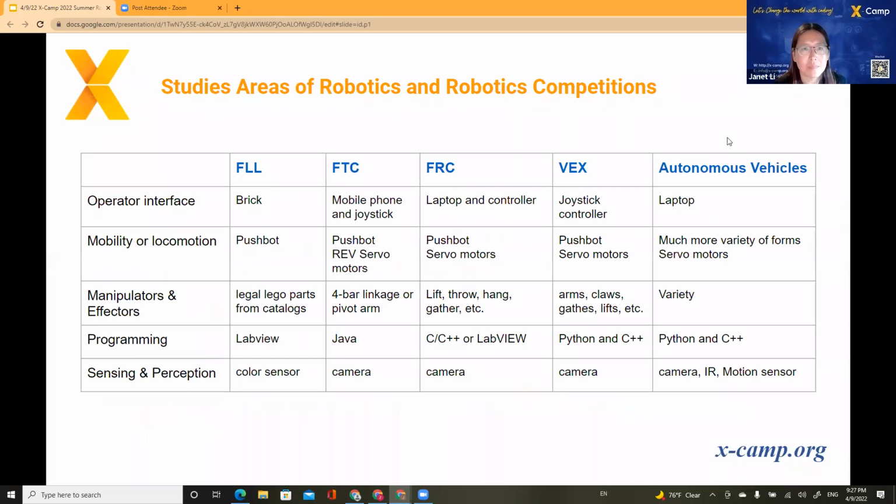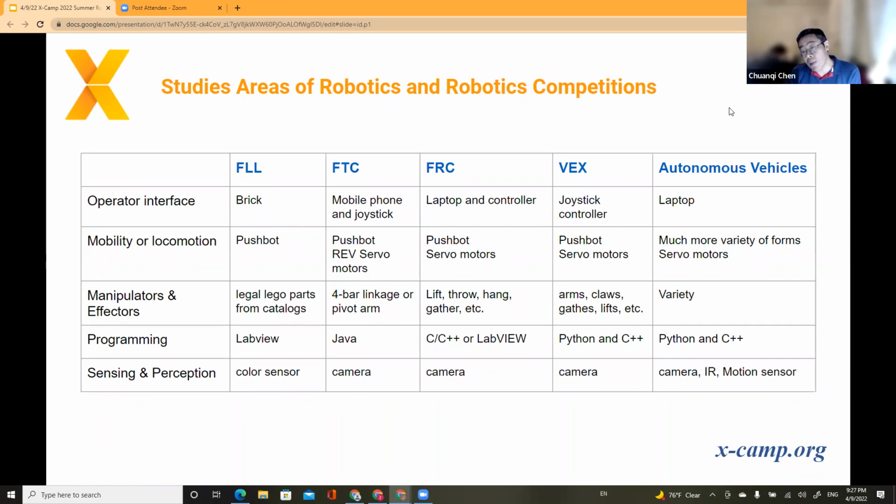Right. I think at the beginning, I want to give some of the motivation for why we at XCamp offer the class. First of all, over the years as an FLL and FTC coach, I observed there are fewer and fewer Chinese kids, second generation, attending the robotics competition.